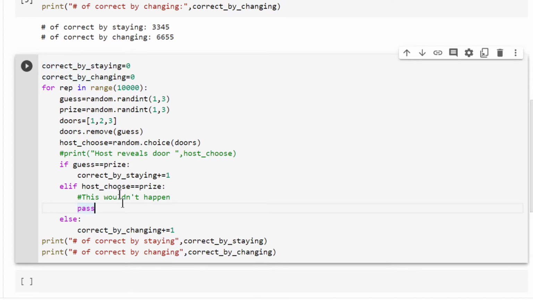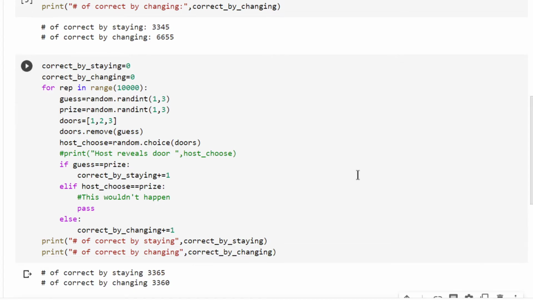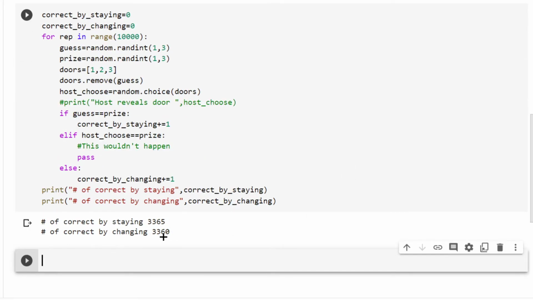So it doesn't work. Okay. But if the host choice was wrong and the contestant's choice was wrong, then it will be the case when the contestant would have gotten the prize by changing. So you have this case. And then if you print this result, you see this time they're about the same.